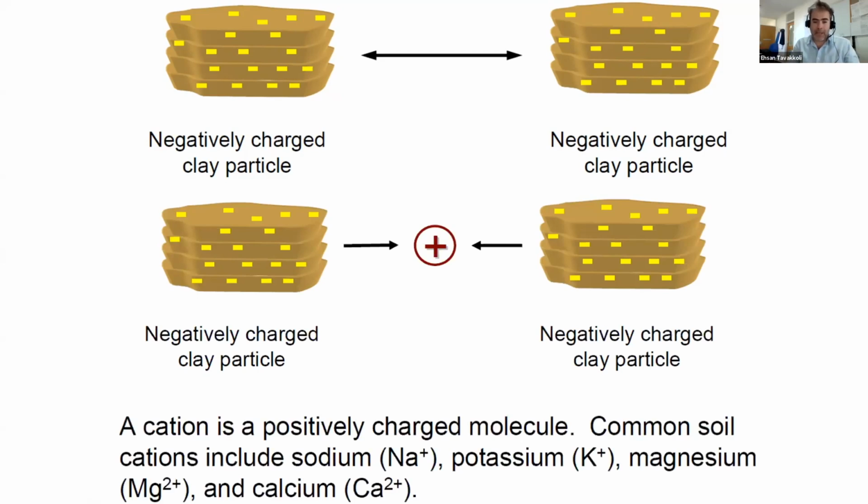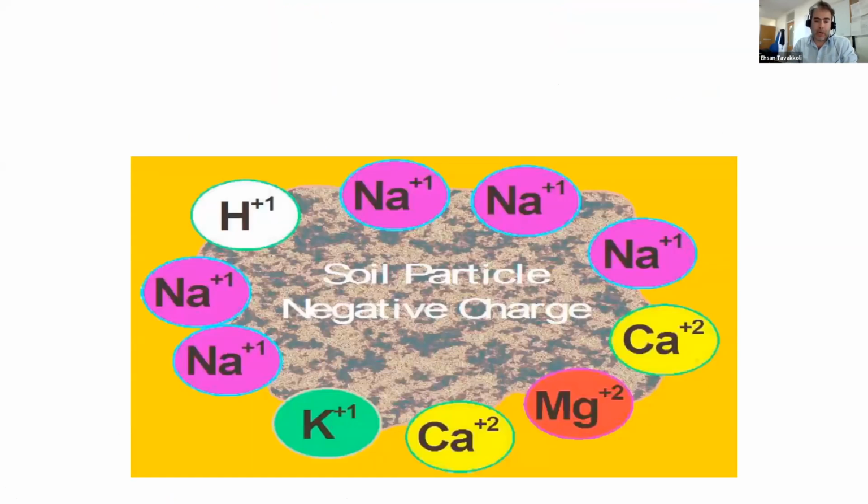And the cation that does that can be calcium, potassium, sodium, or magnesium. When you have a large amount of sodium as that positive charge, relative to your other cations such as calcium, magnesium, potassium, which are stronger in bonding, you have a sodic soil. And that's where the problem happens. Why?